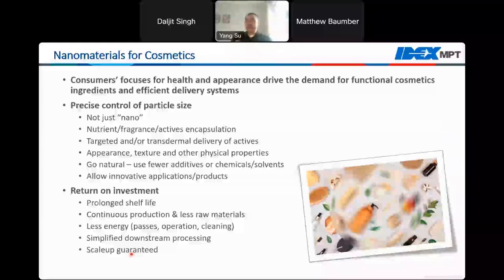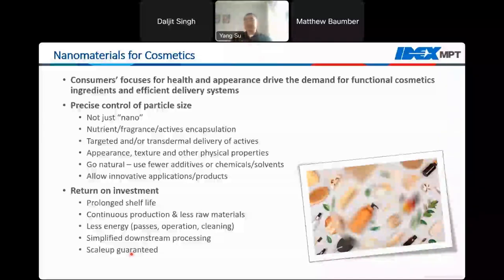The drive for using more and more nanotechnologies and nanomaterials is that customers shift to focus more on the health and appearance of the product or of themselves, and hence they demand the product to include more functional cosmetic ingredients and efficient delivery systems.